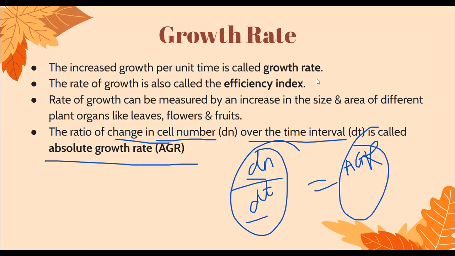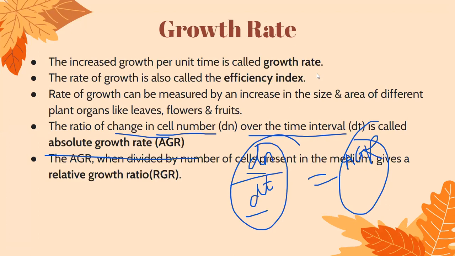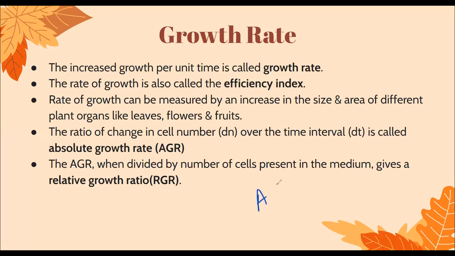Okay, and when you divide this AGR by the number of cells present in the medium at a particular time, it will give you the relative growth rate. So from the previous equation, you got AGR, the absolute growth, how much growth has happened.